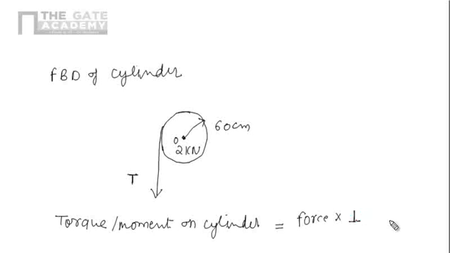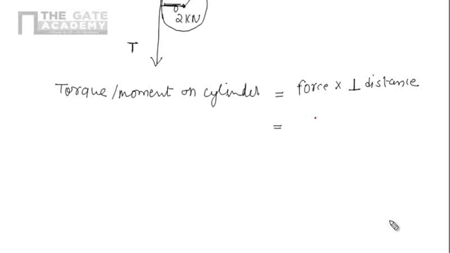If you see in the diagram, this one is the perpendicular distance, which is nothing but the radius. So I can write force, that is T, and radius, 0.6 in terms of meter. So I can write 0.6 T. That will be the torque or moment on the cylinder, and we can denote it with M.